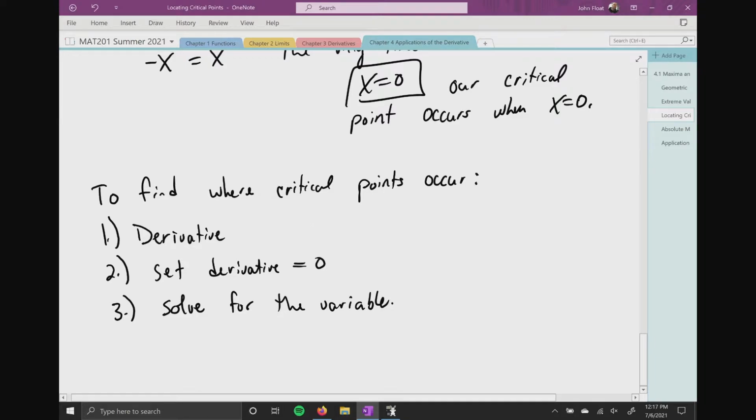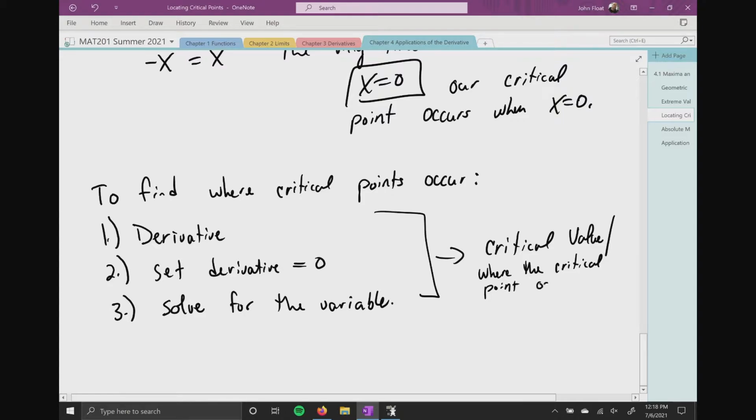And these steps will give you the critical value, slash, where the critical point occurs. Okay?